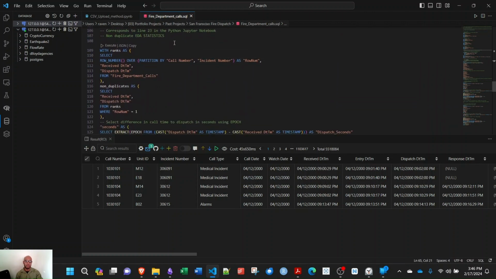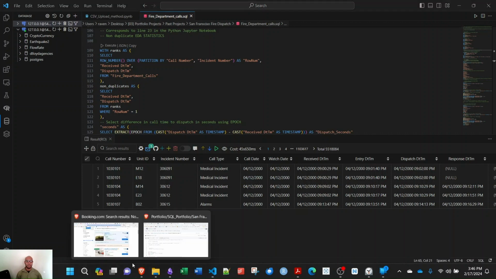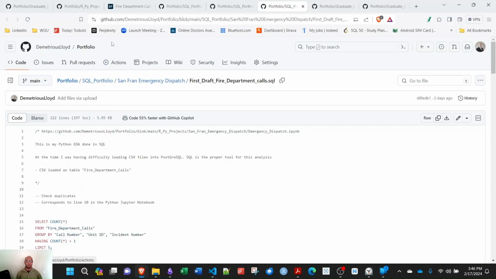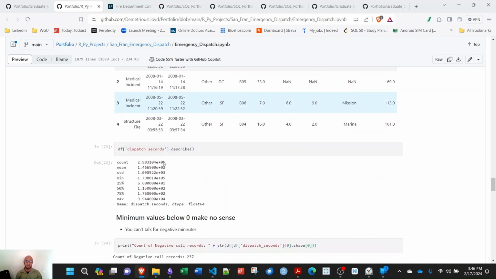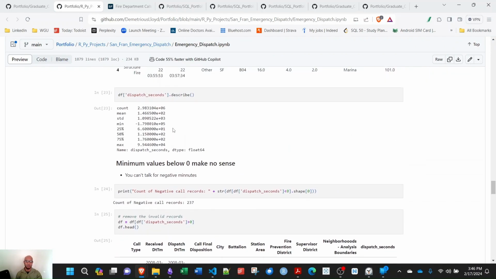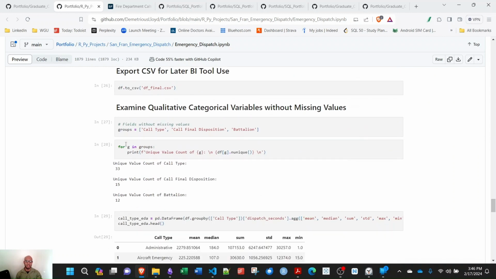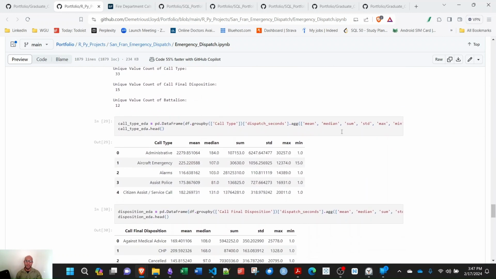Here I'm looking at my non-duplicate exploratory data analysis statistics. So I'll go back to my Python project here. When you do dataframe.describe in Python, it gives you a bunch of stuff: count, mean, standard deviation, min, the different quartiles, the maximum, and then I aggregate it over mean, median, sum, standard deviation, max, min.